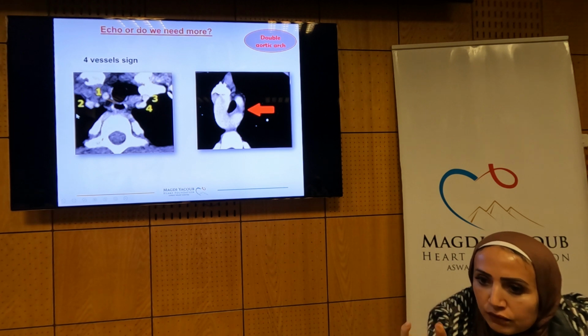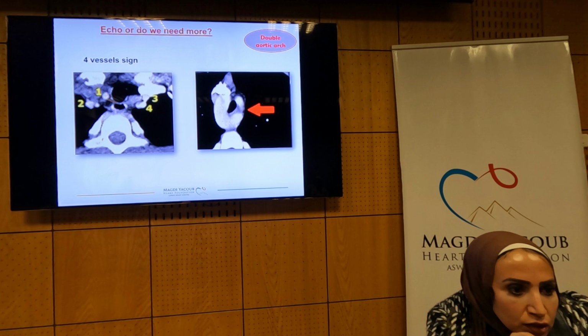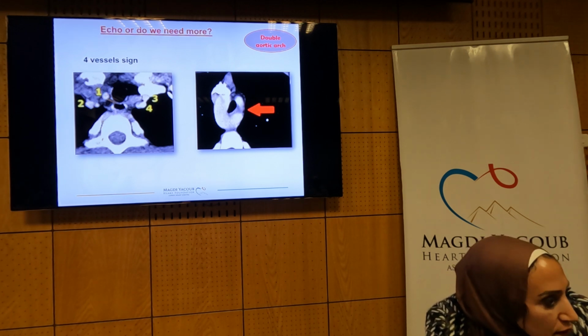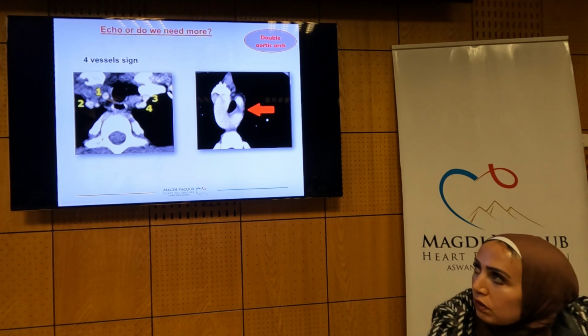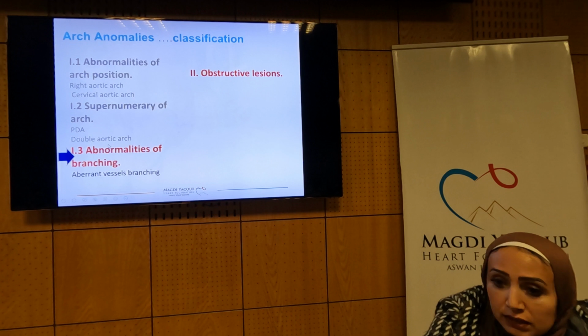On both sides of the aortic arch, we will find separate neck vessels. Each carotid comes by itself from the arch, and each subclavian comes by itself from the arch. So we call it the 4-vessel sign by CT.